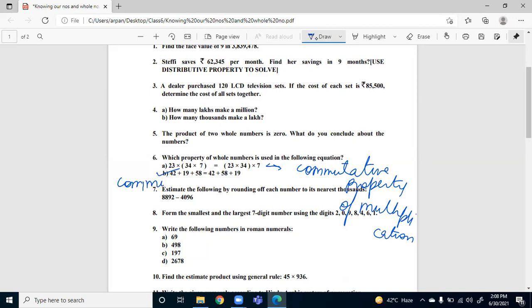Ma'am, can I tell the next? Commutative property of addition. That is correct. So these 2 parts are completed. I'm just erasing these 2. Let's proceed to question number 7.